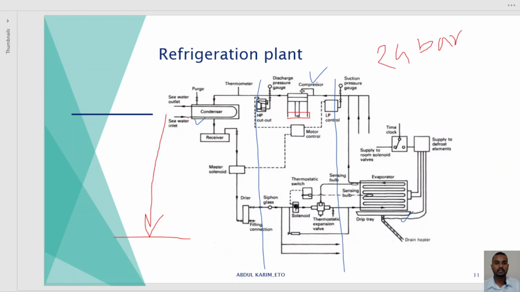We have to purify it by the freshwater generator, because we have to maintain the salinity of the seawater at 1 ppm. Then by this seawater we condense our refrigerant.